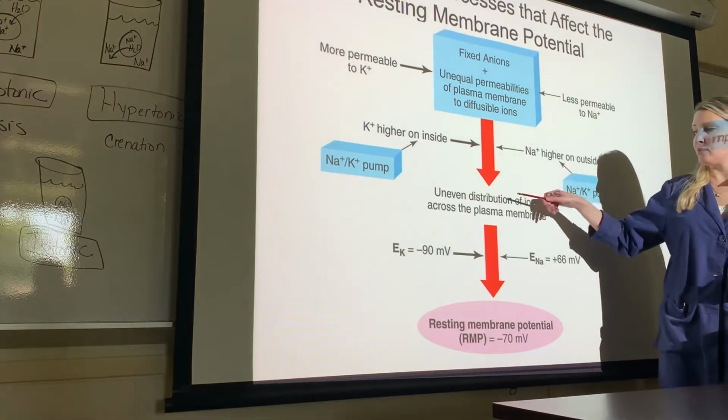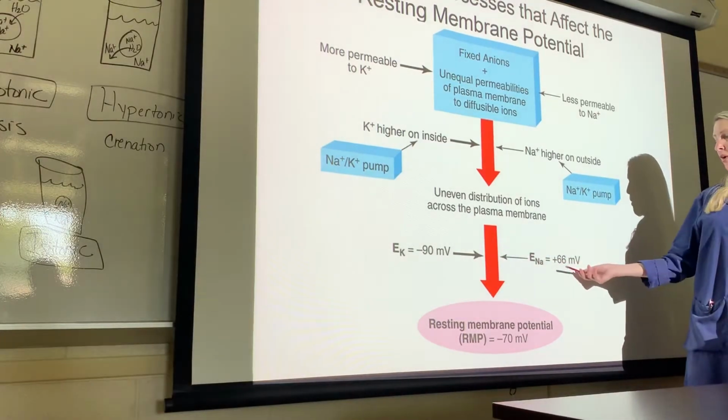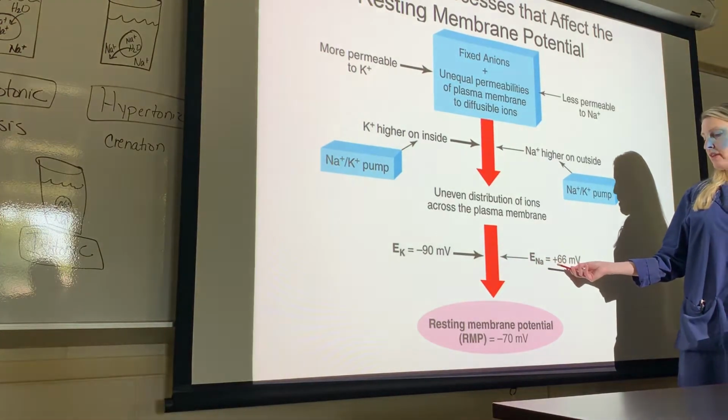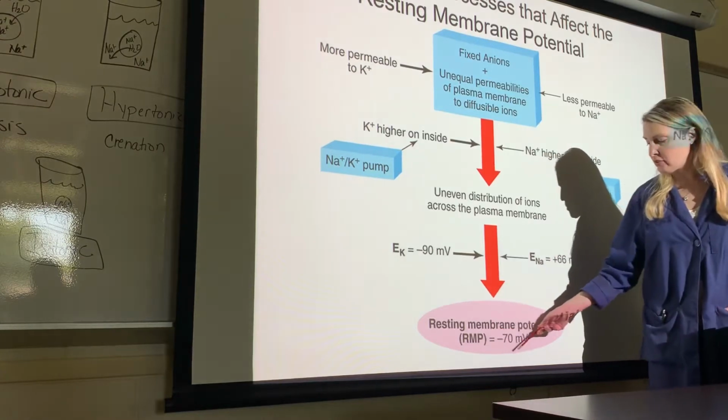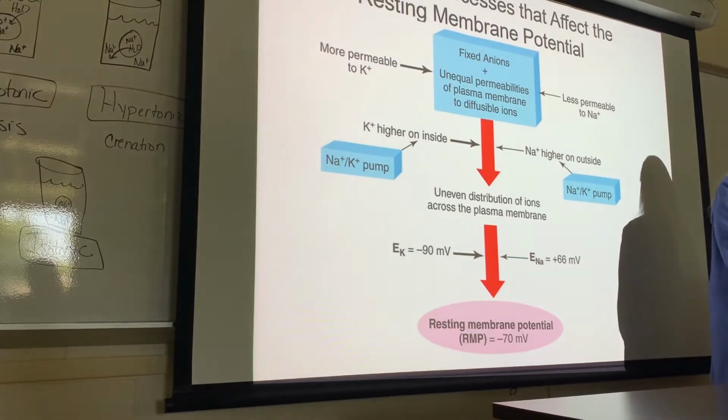All of these variables ultimately will get us to the point where the resting membrane potential will average out to be about minus 70 millivolts for most cells.